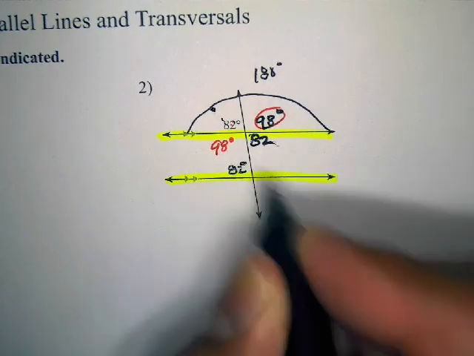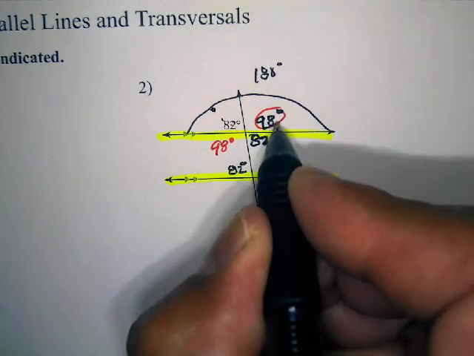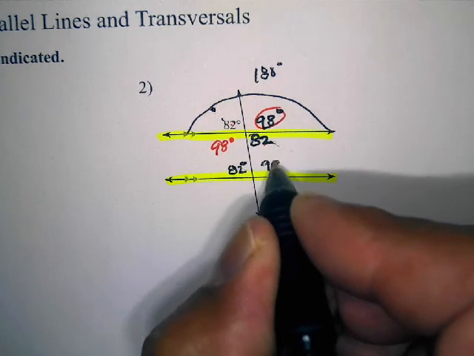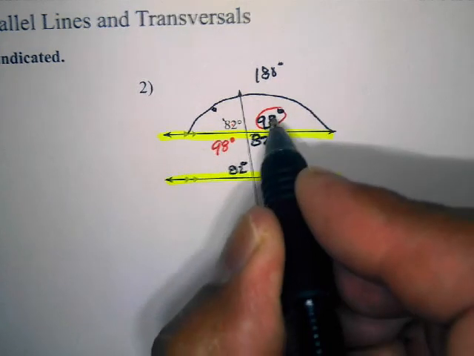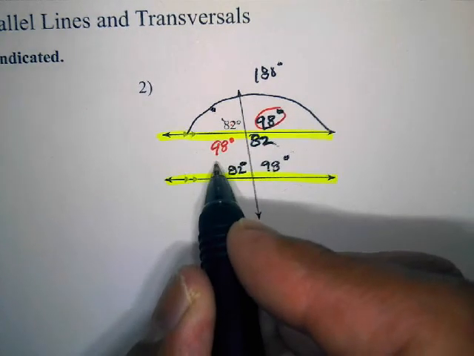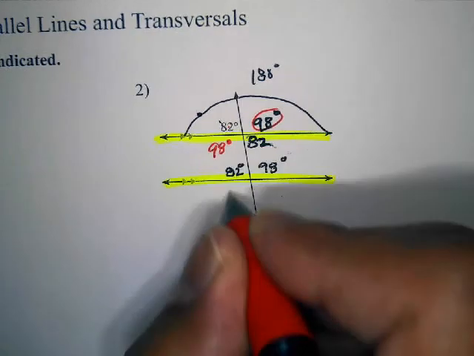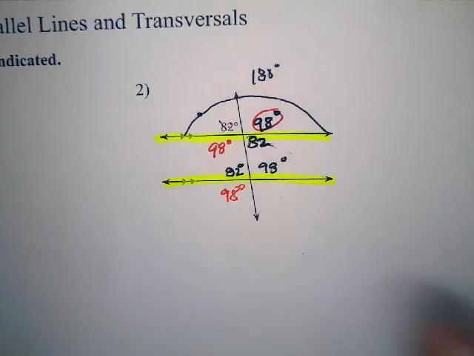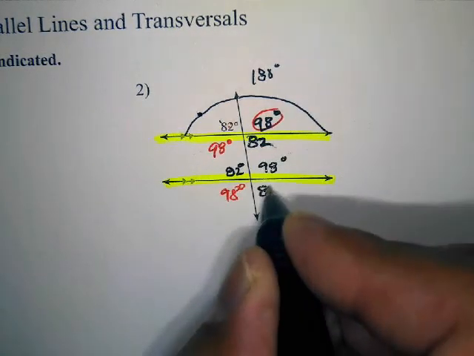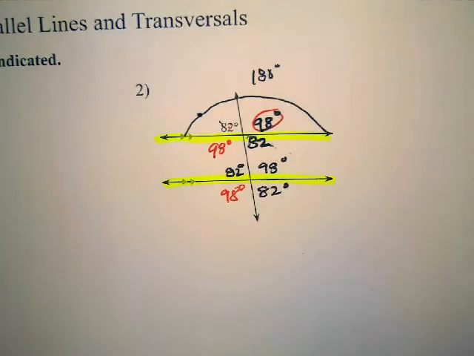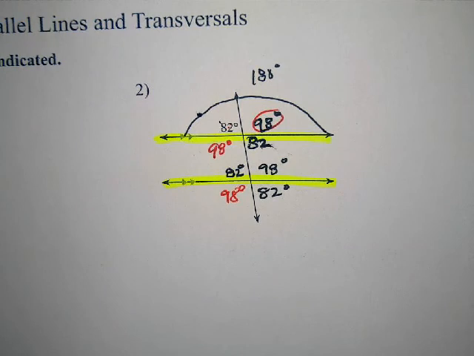So this 82 on the top left is this 82 on the top left. This 98 on the top right, 98 on the top right. Red 98 on the bottom left. And 82. You should be able to find all of them.